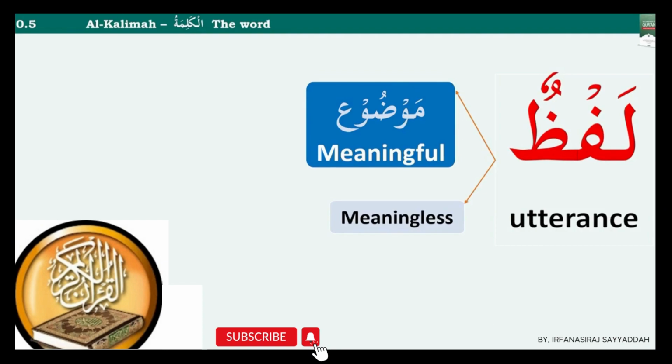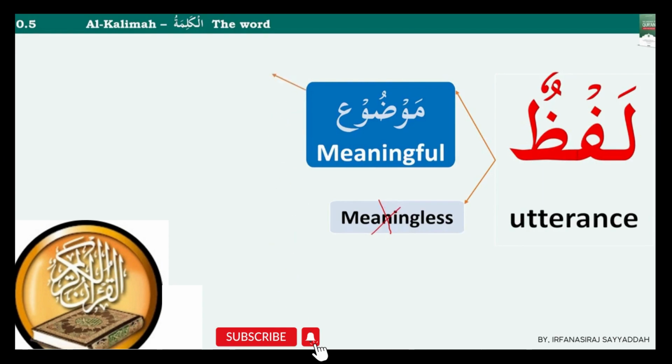It has its own equivalent word, but as far as the sound pen is concerned, it will be meaningless in Arabic. And there are many words like that, of course. So meaningful and meaningless. Alhamdulillah, as far as you and I are concerned, we do not have to worry at all about meaningless, because there is no such thing as a meaningless word in the Quran or in the Hadith. So our focus is on meaningful.